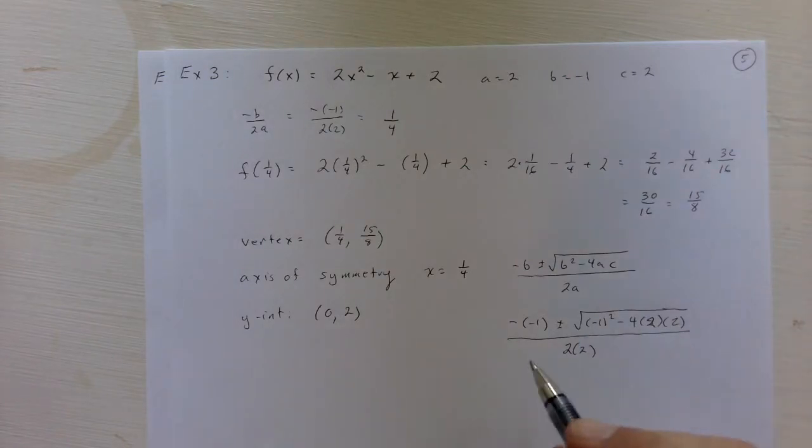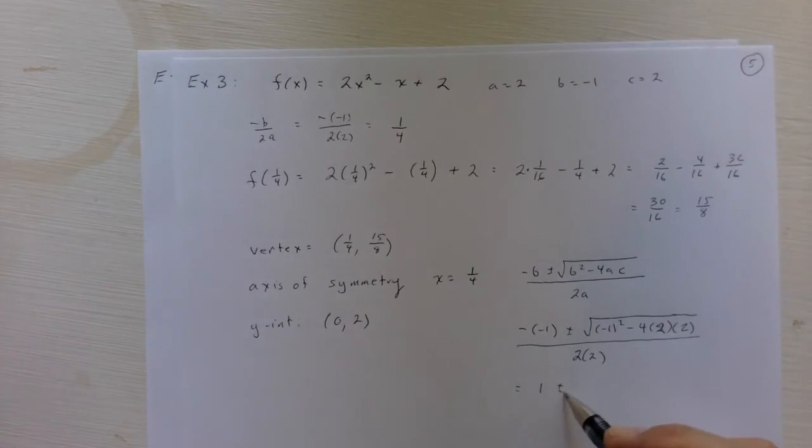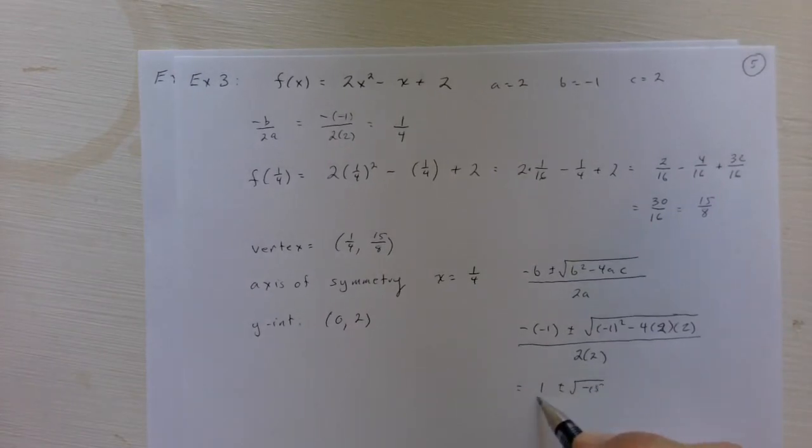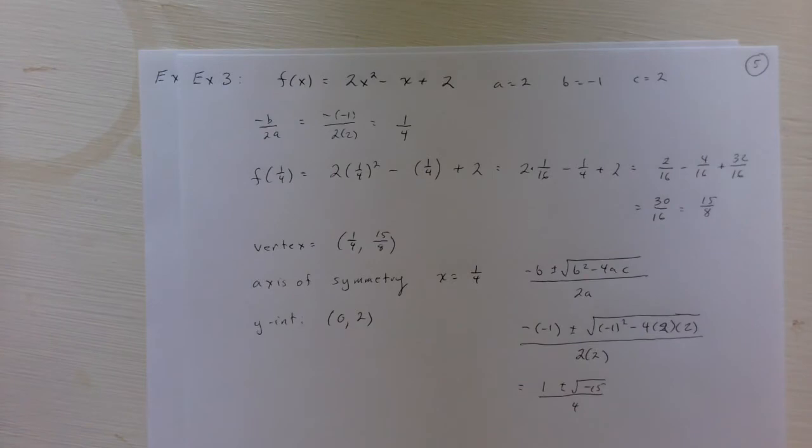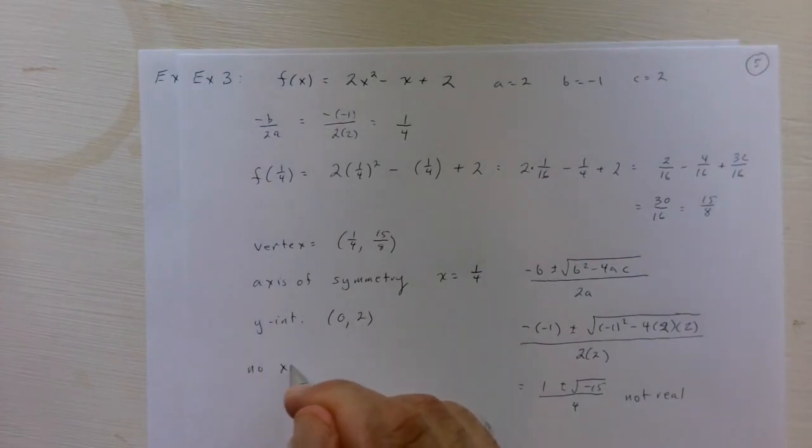And what happens here is we see that this is going to be 1 plus or minus the square root of -15 over 4. And we can stop here, right? Because as soon as we see this, we have a square root of a negative number. This is not real. So therefore, there are no x-intercepts.